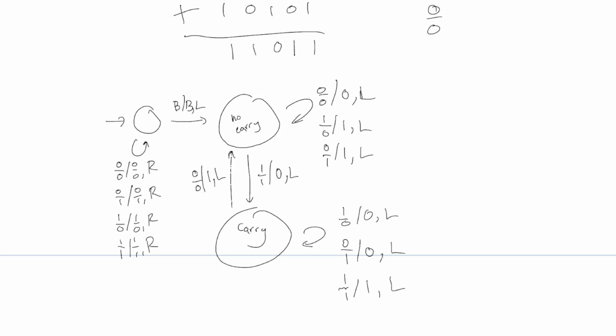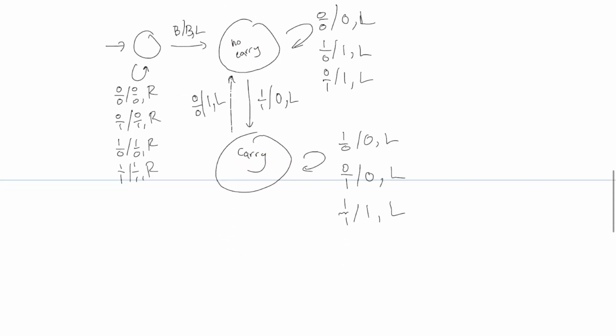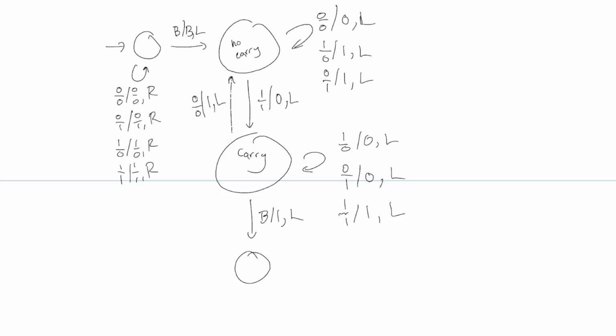You only do that if you are carrying. So that's an arrow from here, not from the other one, because if you're not carrying when you get to the end, then you don't do anything. But if you are carrying when you get to the end, you see a blank and you change it to a 1. And that's really the end. This is the final carry if somehow your addition produces a new digit. You'll have to carry that 1 digit into the end.